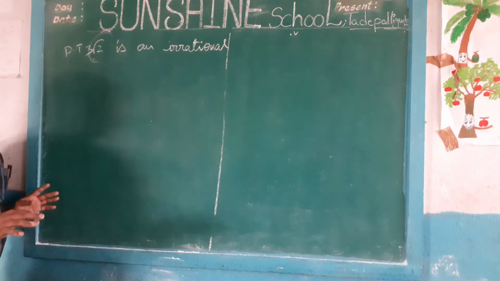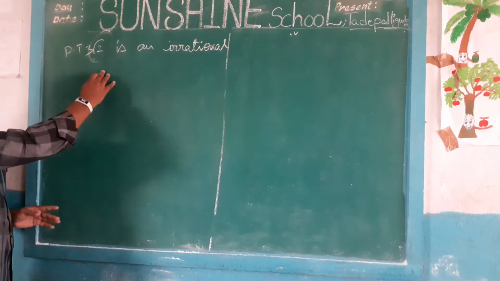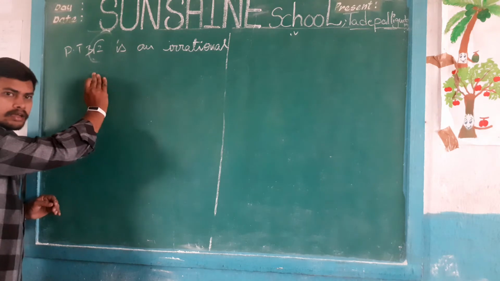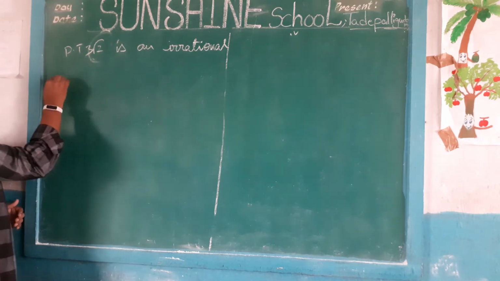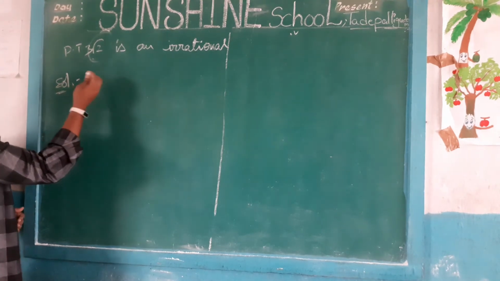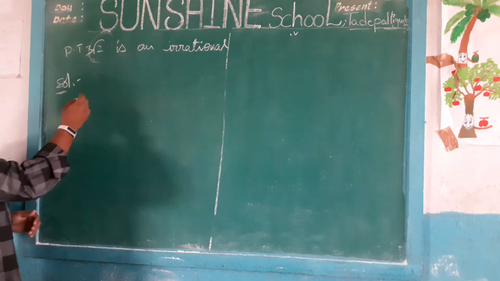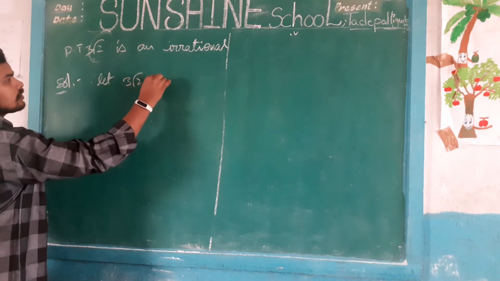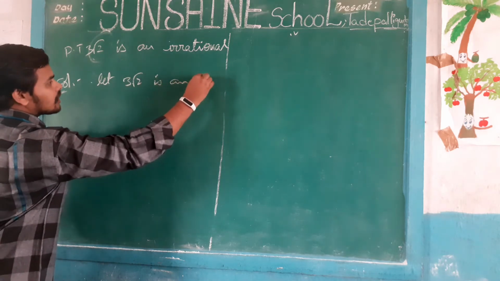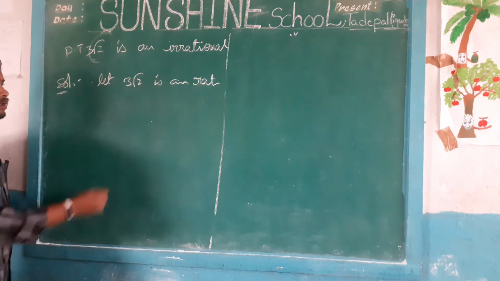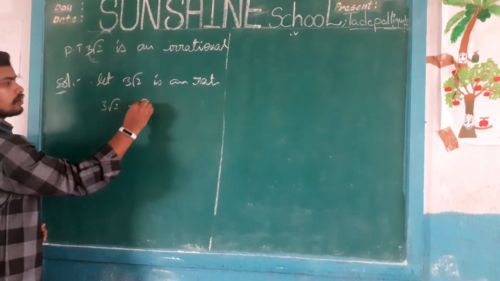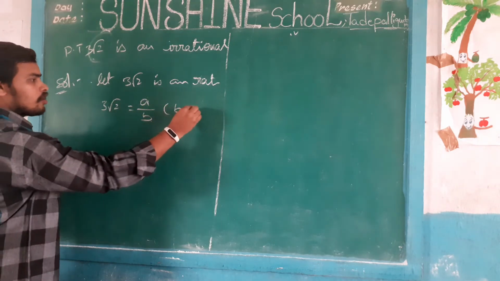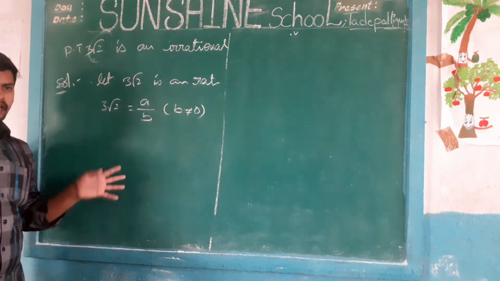Same concept. Let us assume 3 root 2 is a rational number. Solution: let 3 root 2 be a rational number. So 3 root 2 equals a by b, where b is not equal to 0, where a and b are co-primes.